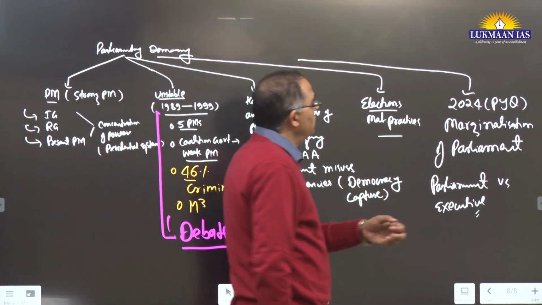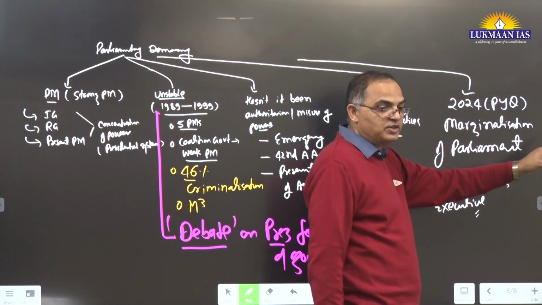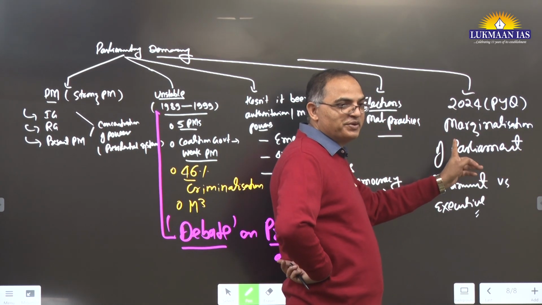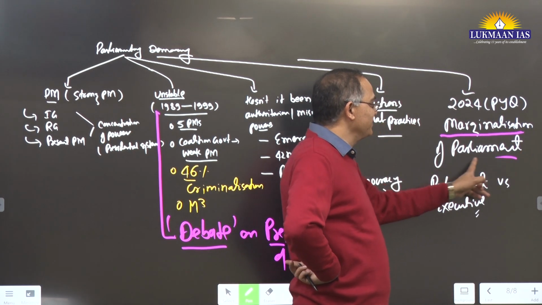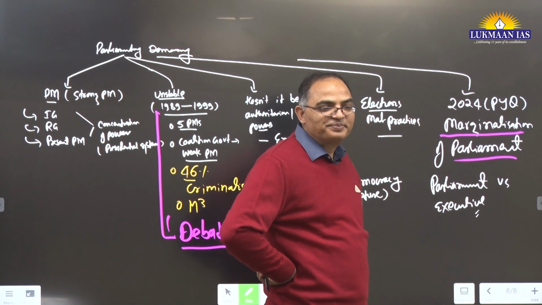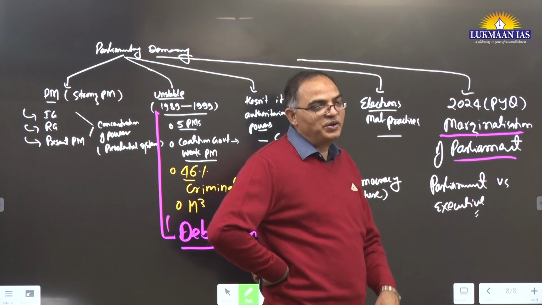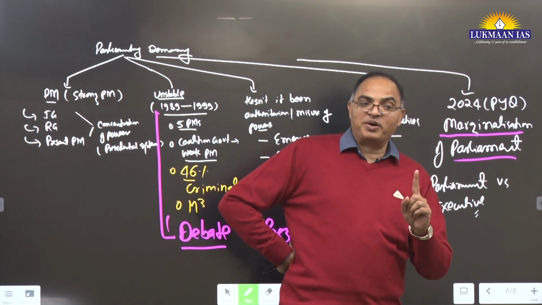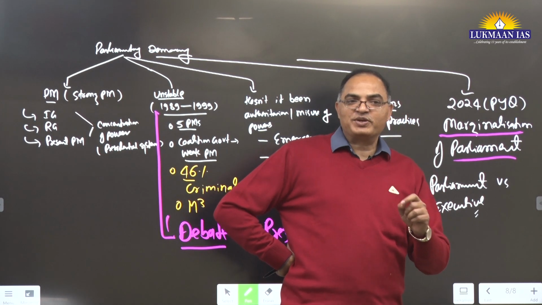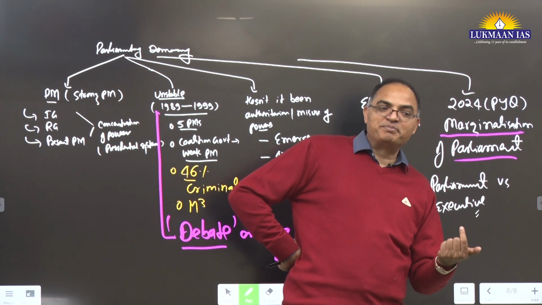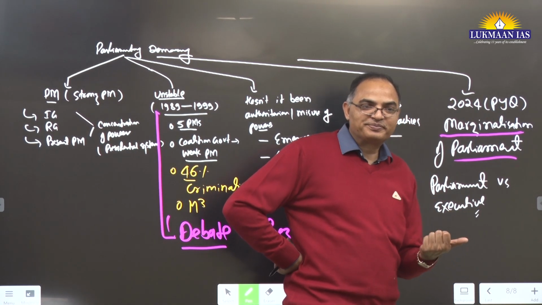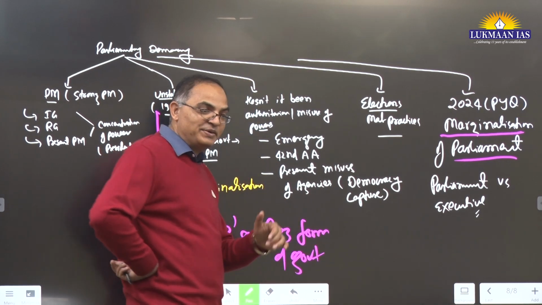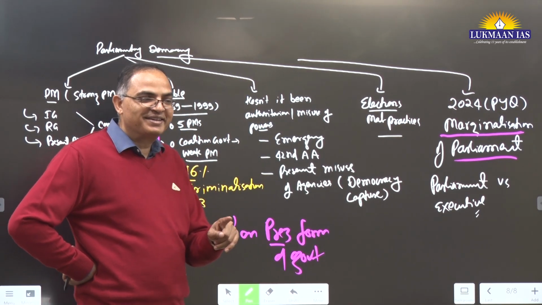That is how the 2024 UPSC asked a question in the Polity paper. That question is about the marginalization of parliament. And what we have written in the note is that parliament should play a dominant role. The question is asking: parliament has become marginal vis-a-vis the executive. The executive has become more powerful than parliament.